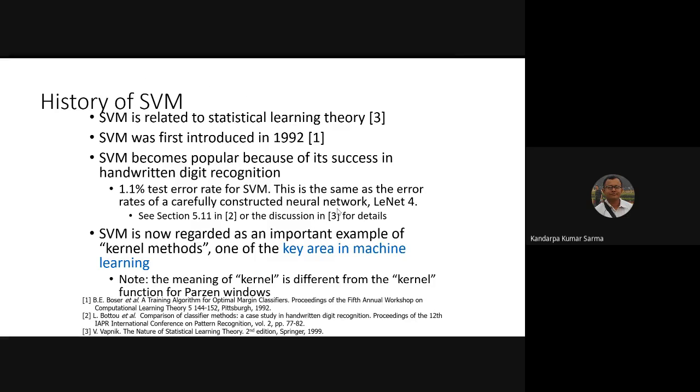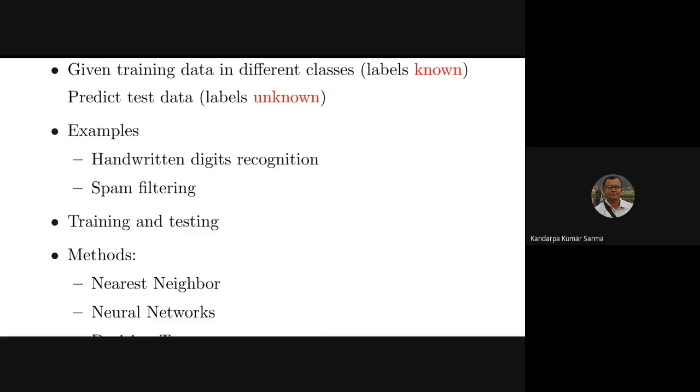It was first launched in 1992, and it has become quite a popular one in all domains of pattern recognition, and was first proposed by Vapnik. So we can have the support vector machine being used for a lot of situations: handwritten digit recognition, spam filtering.